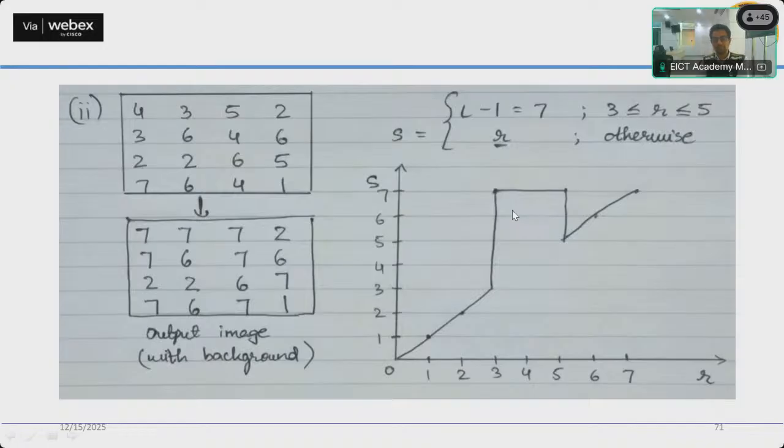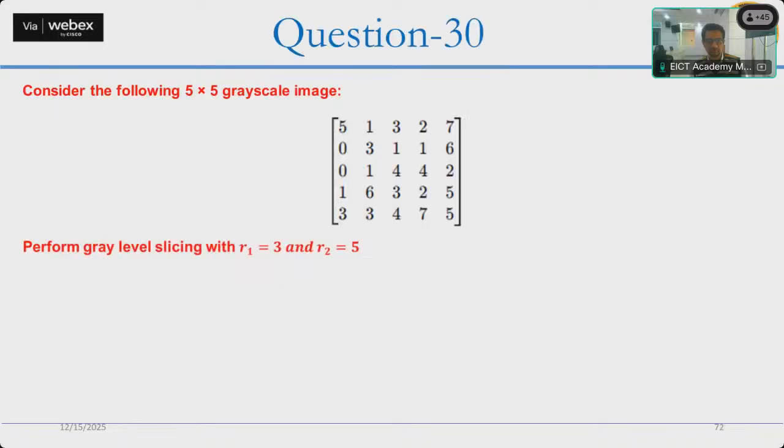But this is the background. Another problem: perform the gray slicing with R1 equal to 3 and R2 equal to 5. What we are going to do here shouldn't be difficult for you. See the question, whether it is with the background or without the background. If it is with the background, then definitely the other values will remain there.